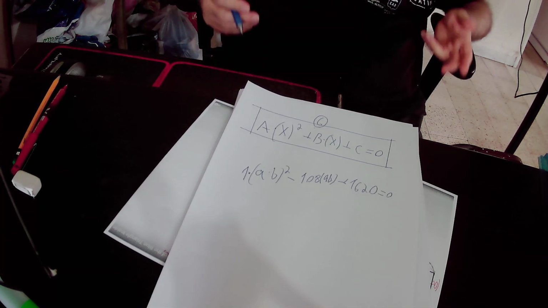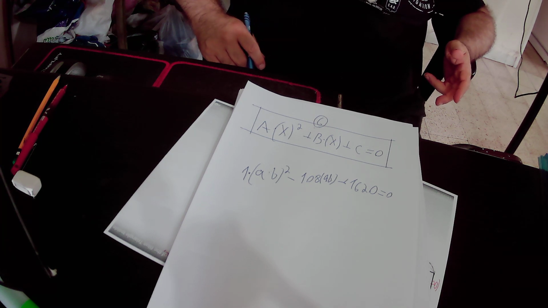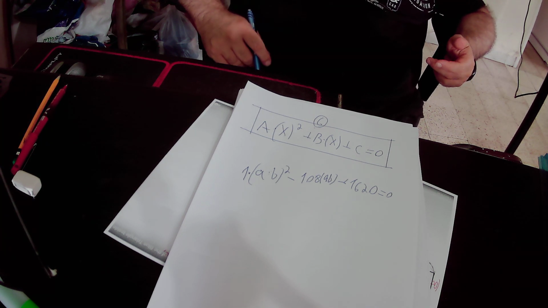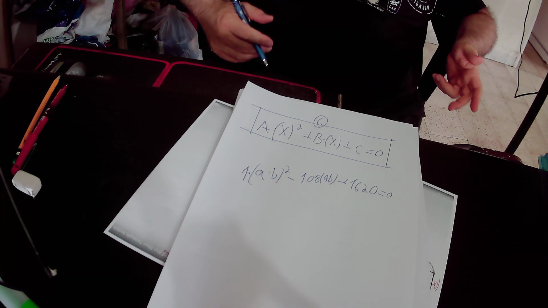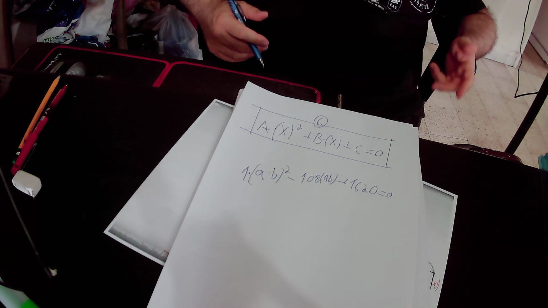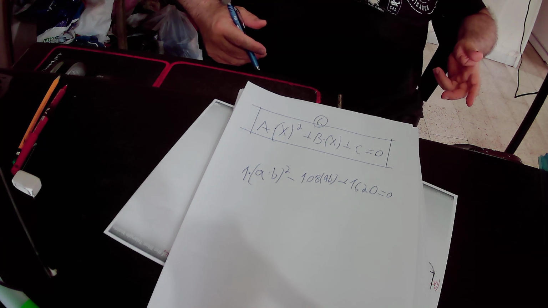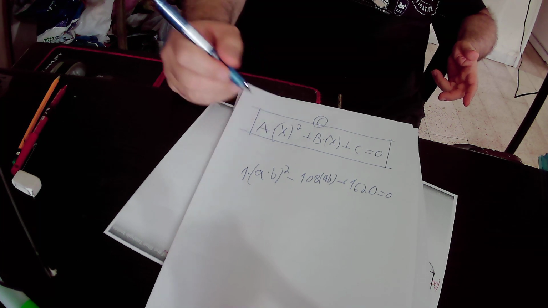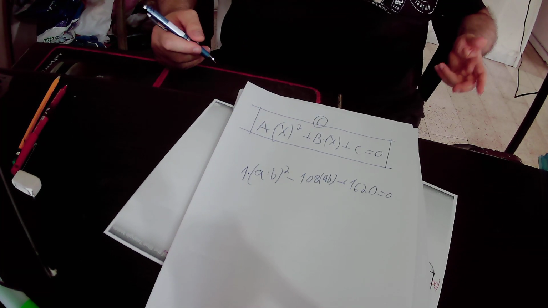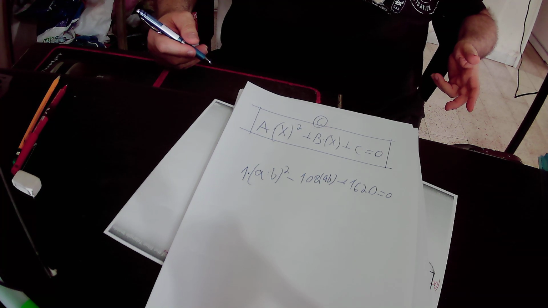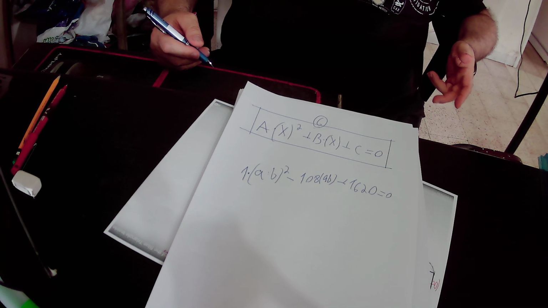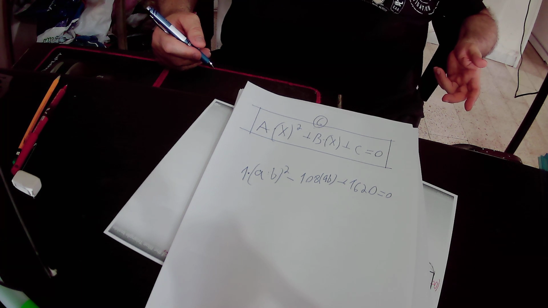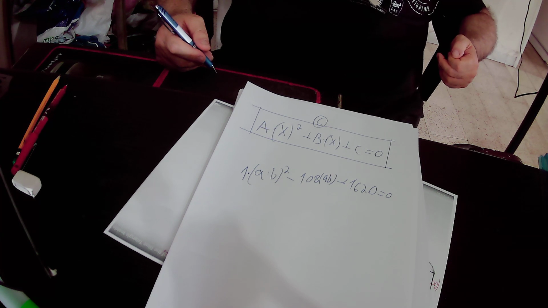It is allowable because every expression or number that you multiply by 1 is not changed. Okay, 5 times 1 equals 5. Every number that you multiply by 1 is not changing by this multiplication. So it is allowable.